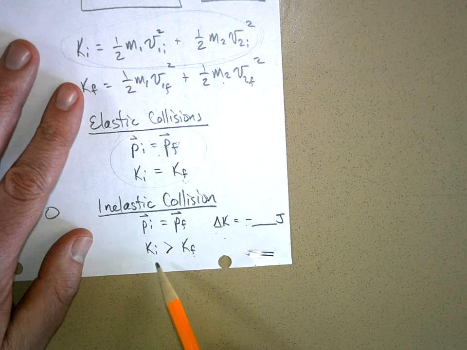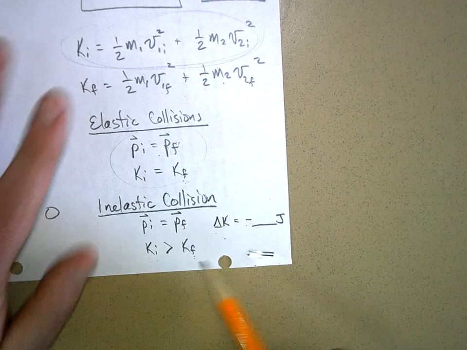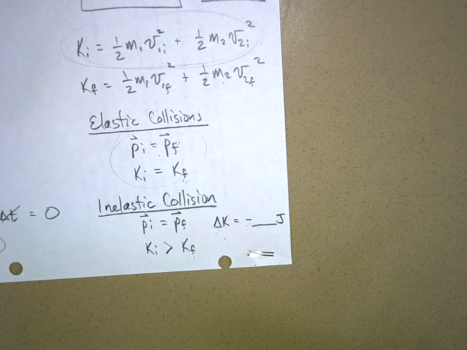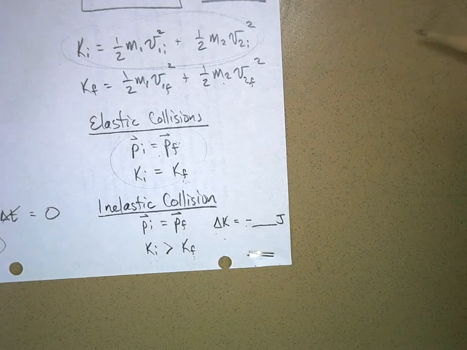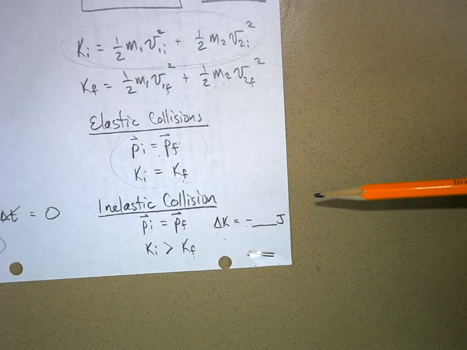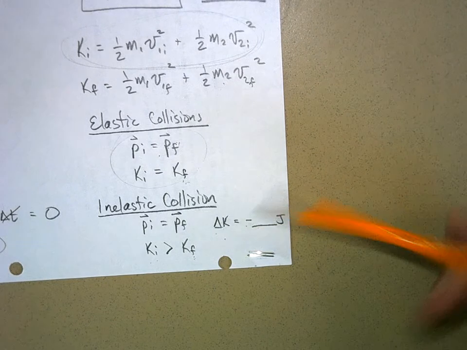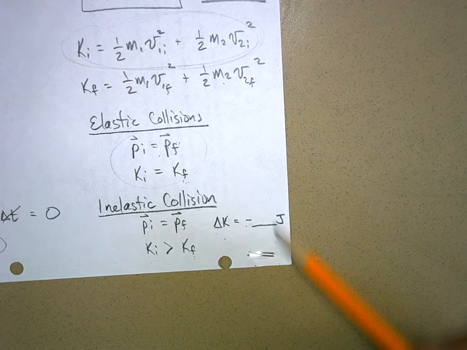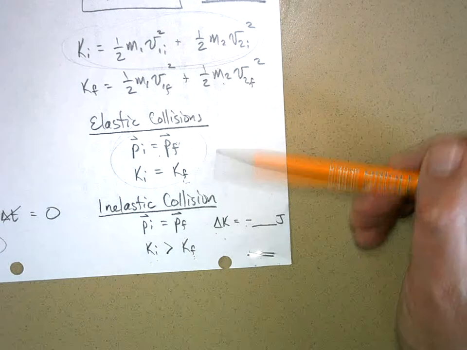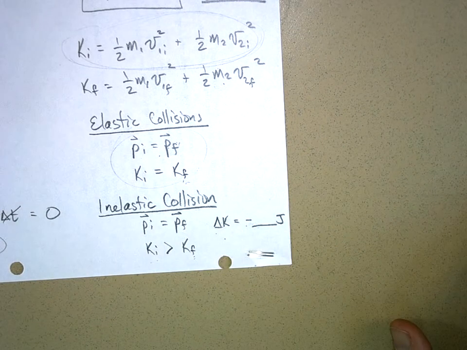So if initial is bigger than final, when you subtract them, you get a negative value. Make sense? And that negative means we're going to lose kinetic energy during that collision. So two kinds of collisions, elastic and inelastic. Most collisions are inelastic, which means we're going to lose kinetic energy during that collision. Elastic collision, the kinetic energy isn't lost.